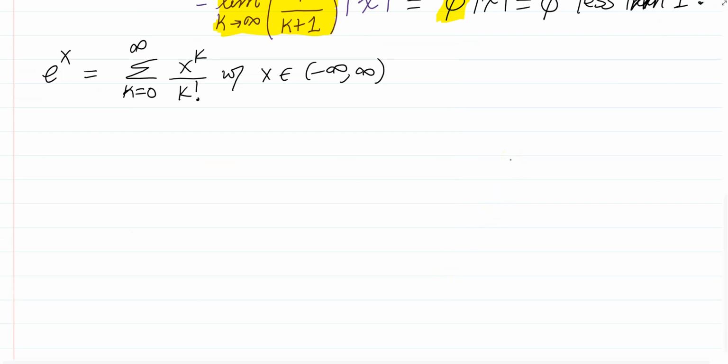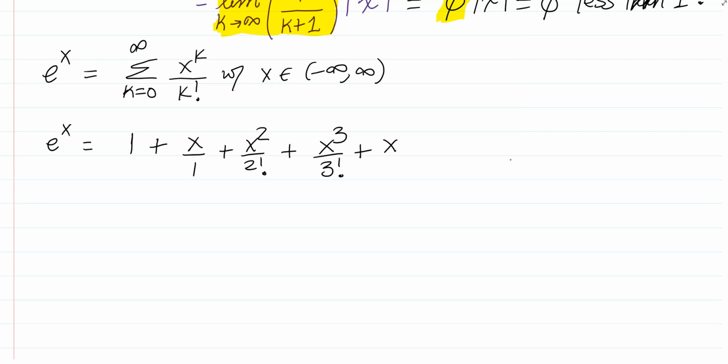So we would say then, since e to the x is equal to 1 plus x over 1 plus x squared over 2 factorial plus x to the third over 3 factorial plus x to the fourth over 4 factorial, and so on, and that is equal to the series going from 0 to infinity of x to the k over k factorial.